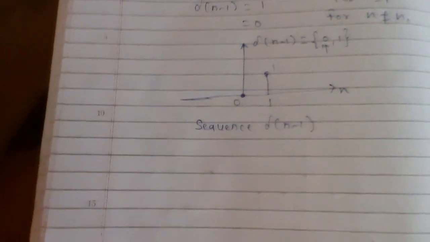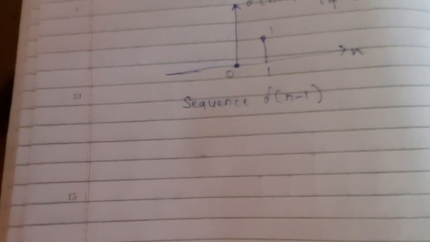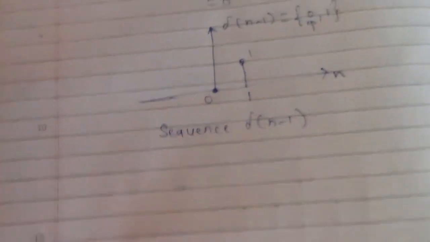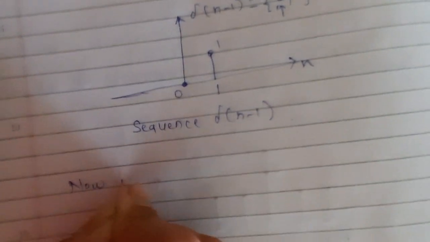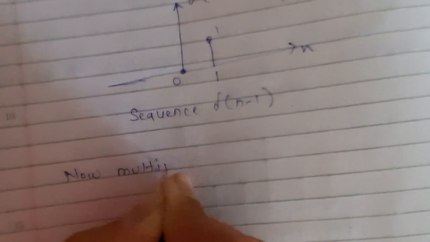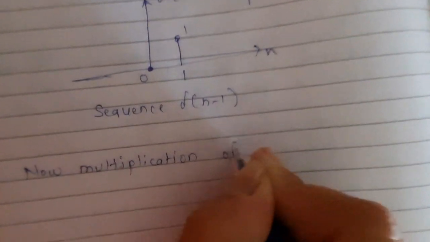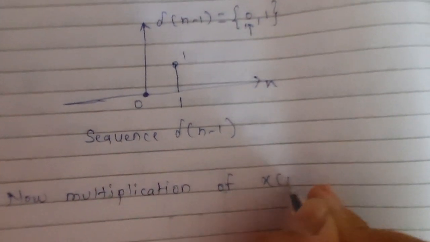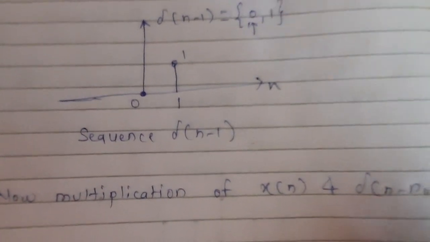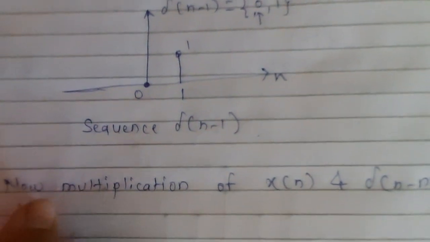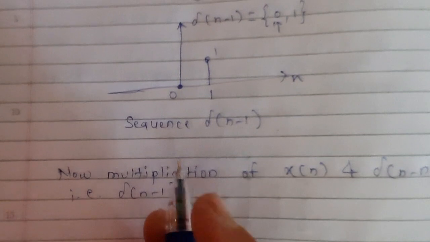Now the next part: we have to make the multiplication of x of n and delta n minus n0, that means delta of n minus 1.